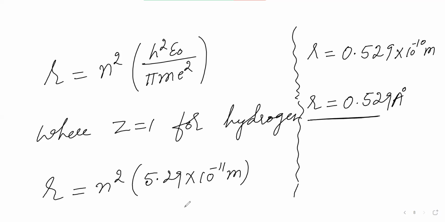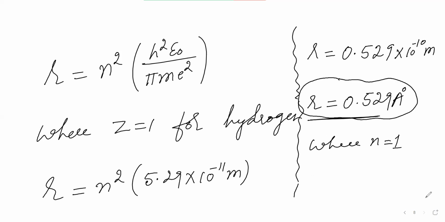Okay, this is the value you have to remember, where n equals 1. So then we are talking about the first orbit, that is the innermost orbit. So the radius of the innermost orbit is 0.529 Angstrom.